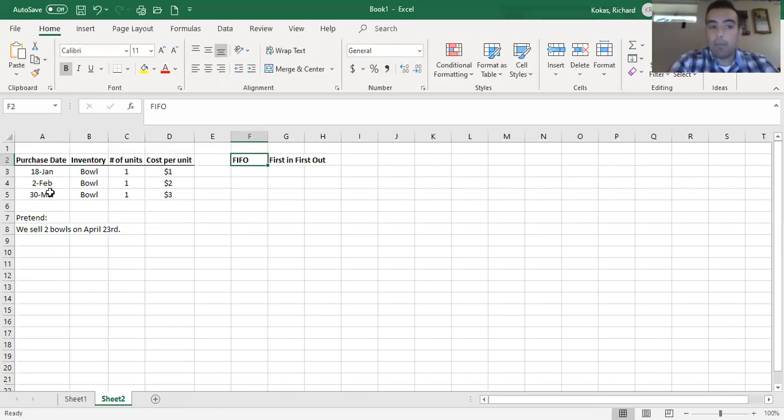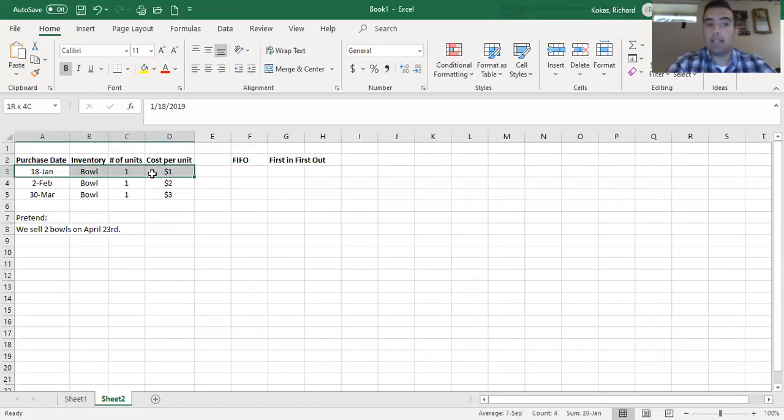Now, the February 2nd bowl costs $2, but under FIFO, we don't care. The assumption is for ease of use, for time management, for efficiency for any company, the deal is with FIFO, we're going to pretend that that bowl we grabbed was the January 18th bowl that cost us $1.